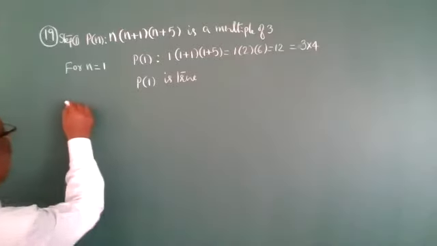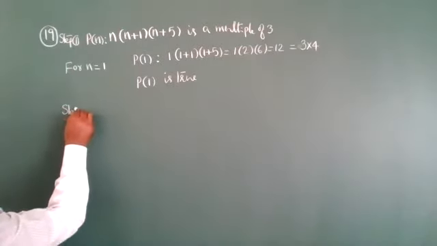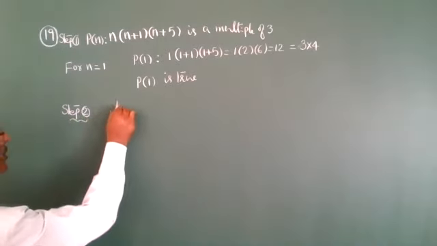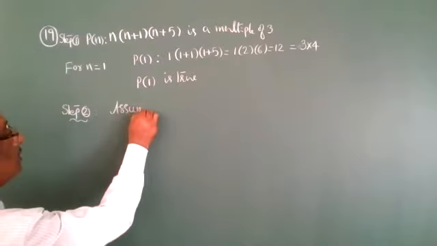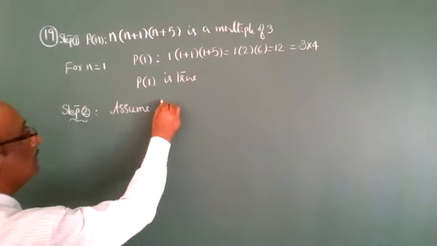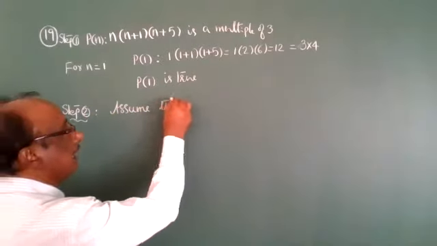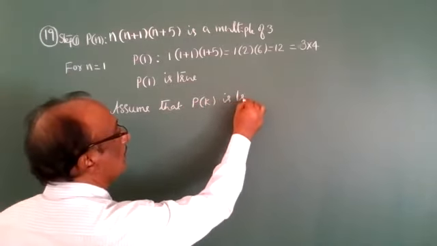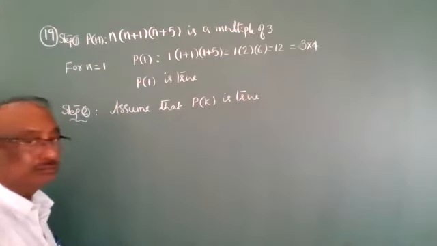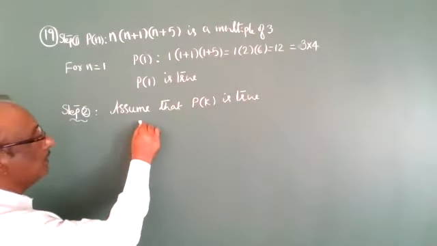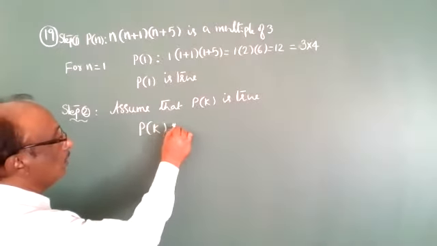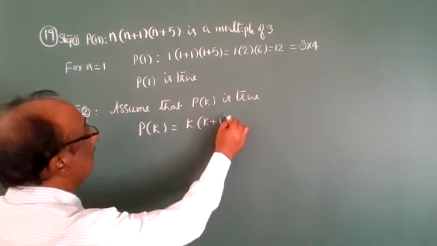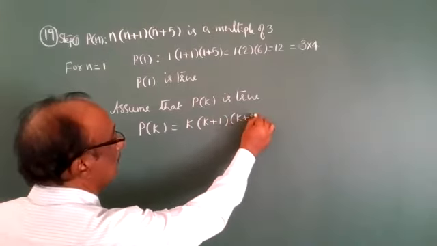Therefore, now step 2, write down everyone. Assume that P of k is true. Now write down P of k is equal to k into k plus 1 into k plus 5.